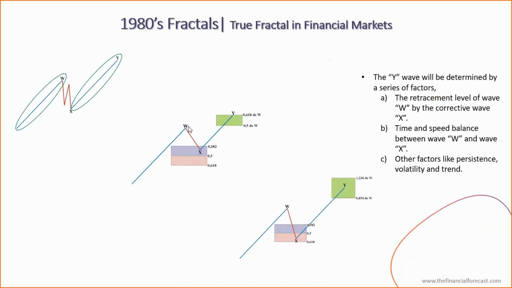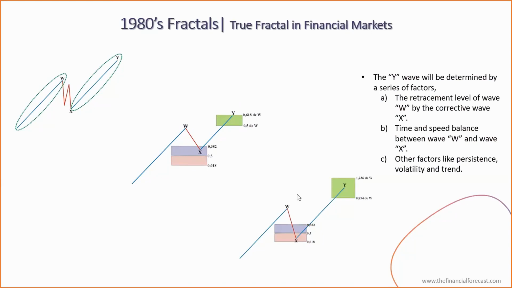So if we see that the correction of wave X finishes around the 0.382 or 0.5 retracement of wave W, prior motive wave, then we have more chances to see the end of the wave Y around the 0.5, 0.618 extension of wave W.